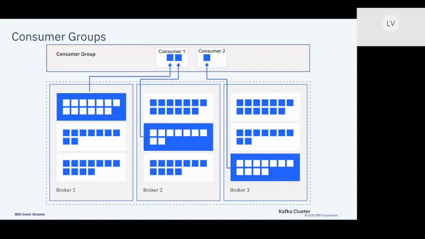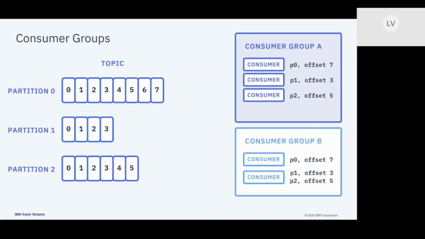So let's give you more detail on this. Let's imagine that you have 3 different partitions, 0, 1, and 2. There are 2 different consumer groups, A and B. This one has 3 different consumers, and this one has 2 different consumers.